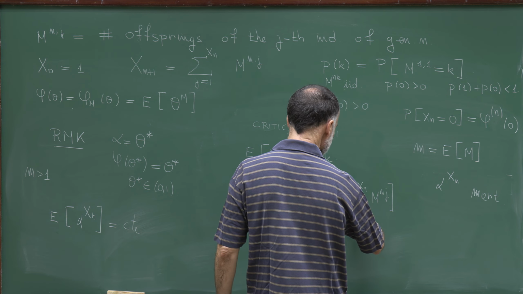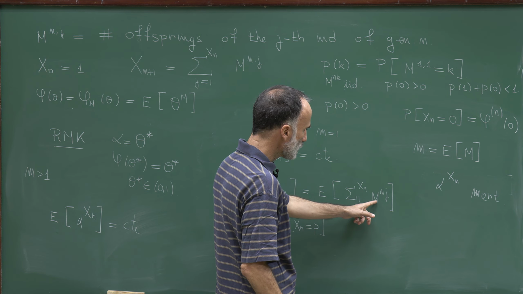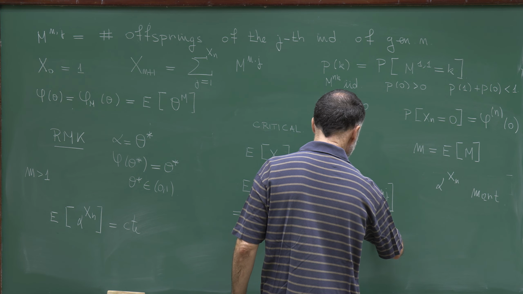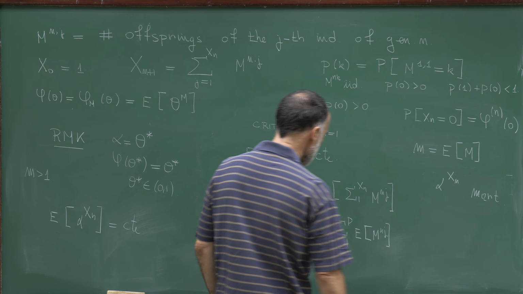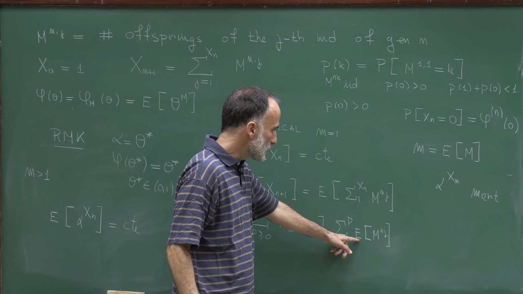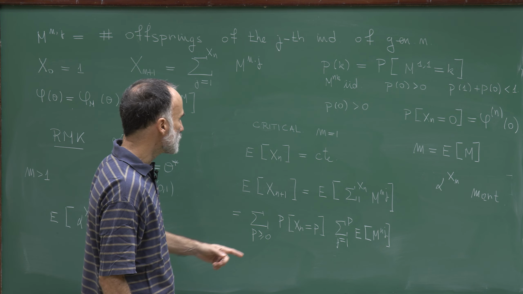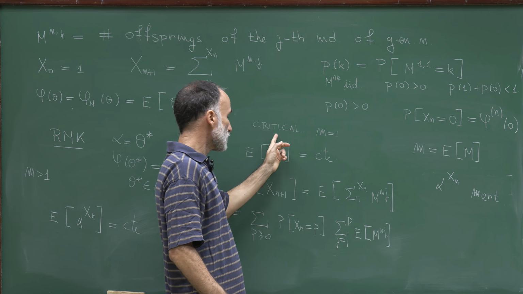And here I have the expectation of the sum from 1 to p of m and j. Now all these expectations are equal because these variables are identically distributed, and the expectation is m, which is 1 because we are in the critical case.